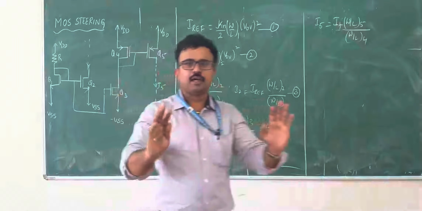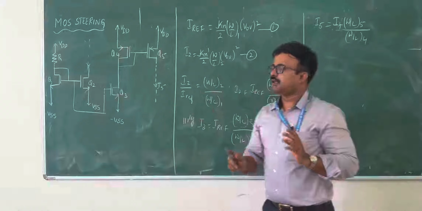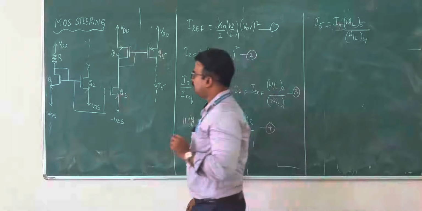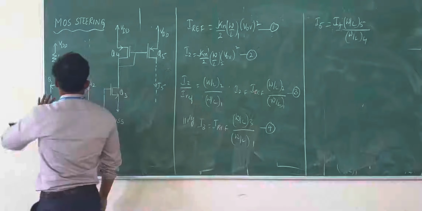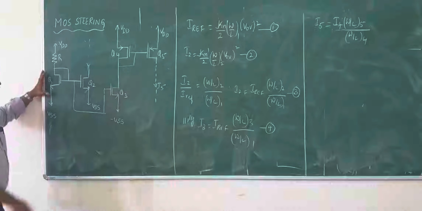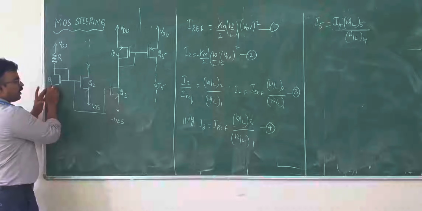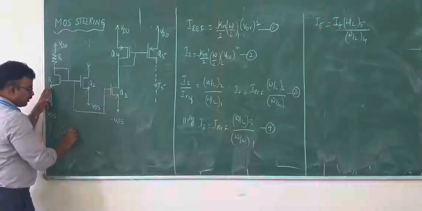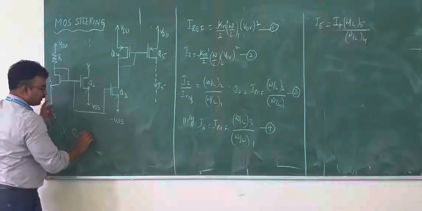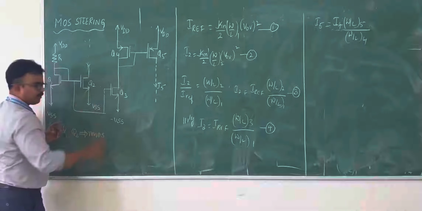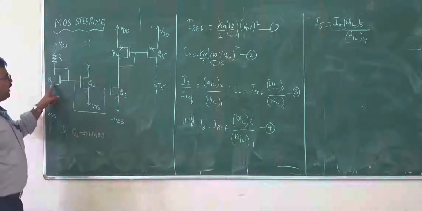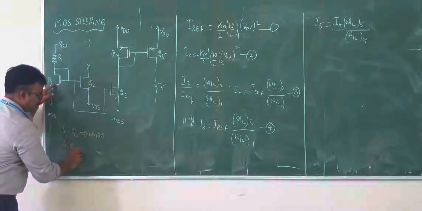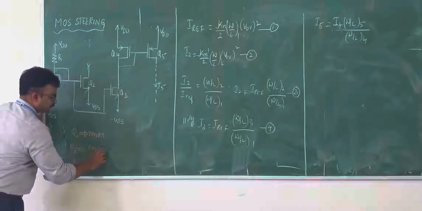It should have a possible combination of current mirror pairs. You call them mirror pairs. So the circuit we have considered here is a MOS steering circuit which has two transistors Q1 and Q2. This Q1 and Q2 are one NMOS mirror pair. Similarly, Q1 and Q3 is another NMOS mirror pair.